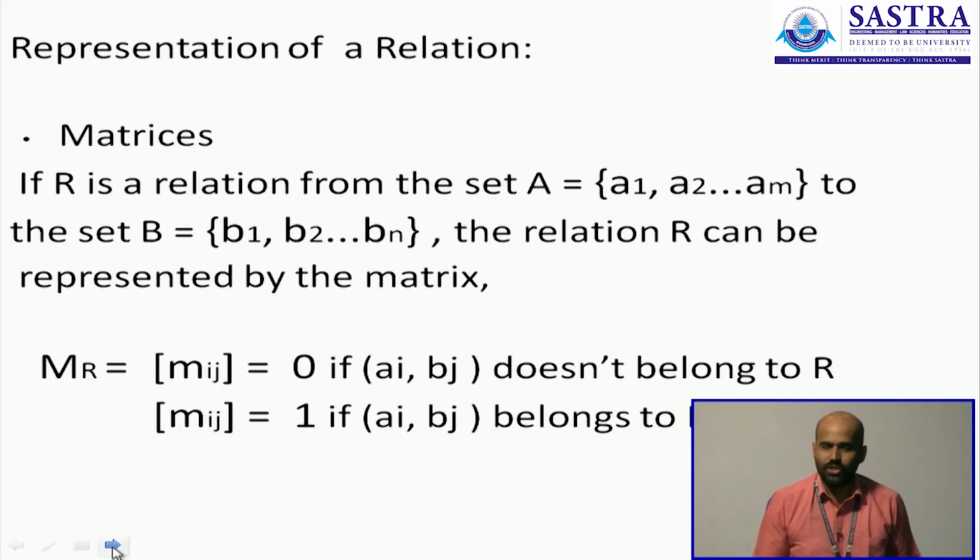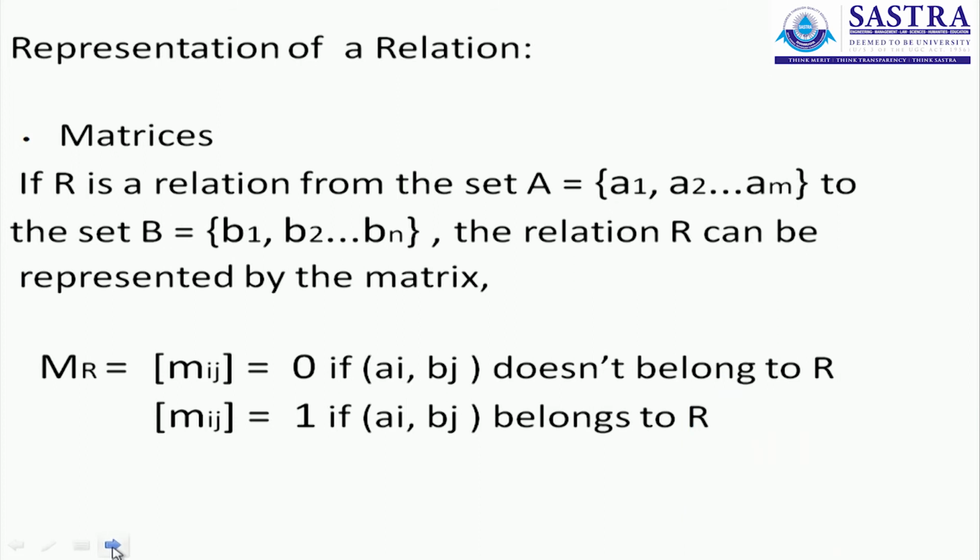This is a formal definition. If R is a relation from the set containing elements A1 through Am to the set B1 through Bn, then any relation on R, first of all, will be a subset of the Cartesian product A cross B. And this relation can be represented by an m by n matrix, a matrix which will contain m rows and n columns, and each entry of this matrix will either be a 0 or a 1.